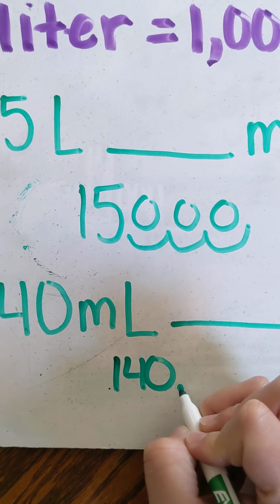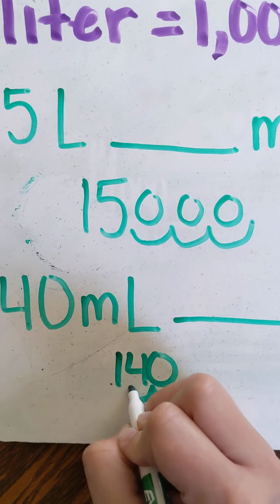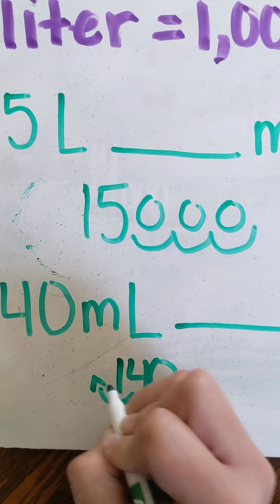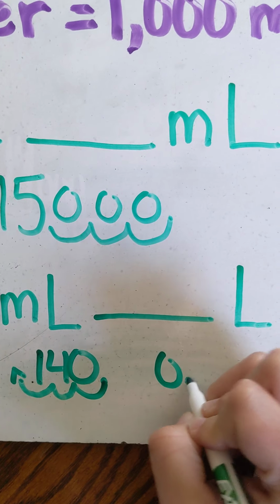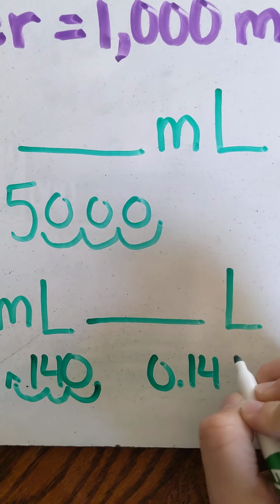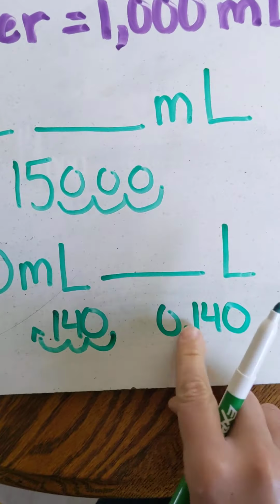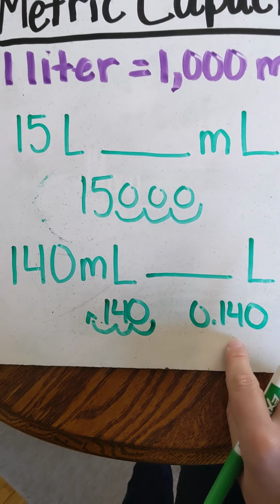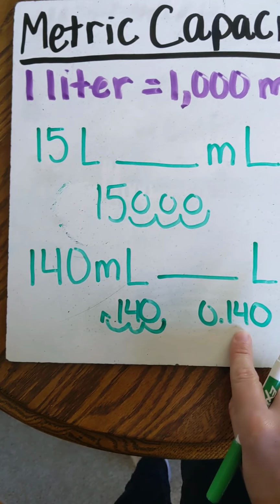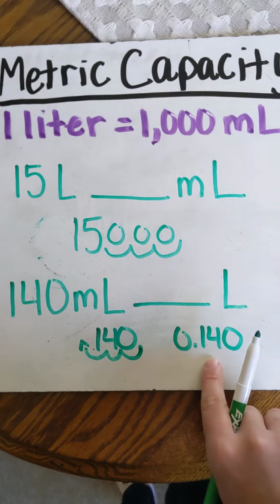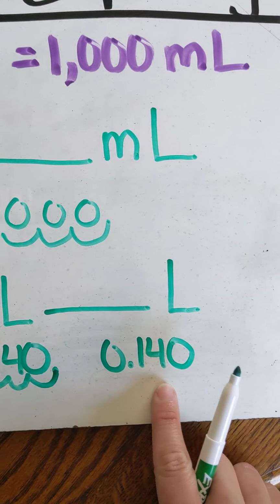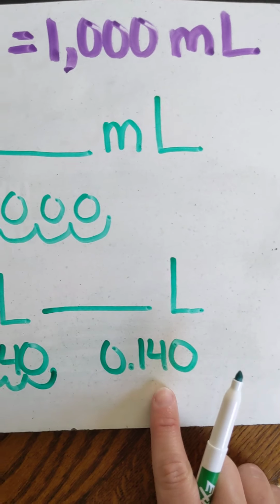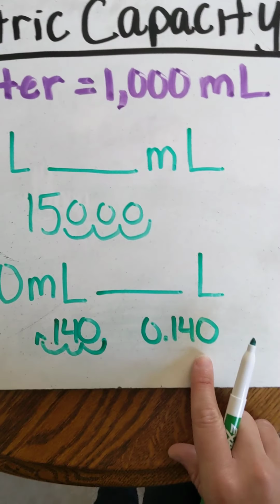We just don't always write it. 1, 2, 3. So put your decimal point here. This is how many liters are 140 milliliters. 0.140 or 14 thousandths, right?